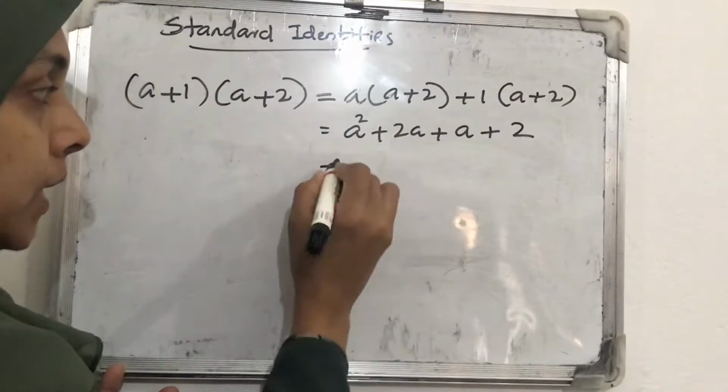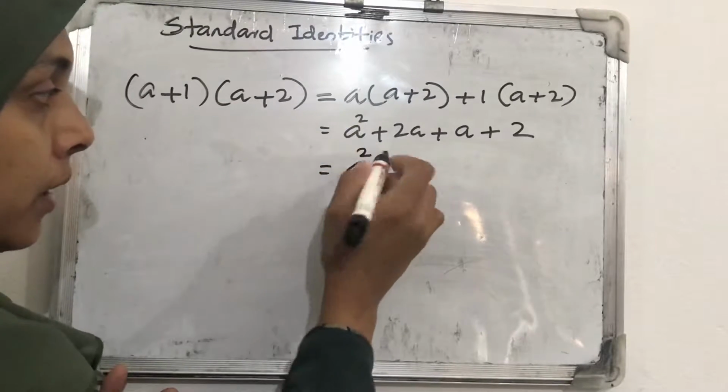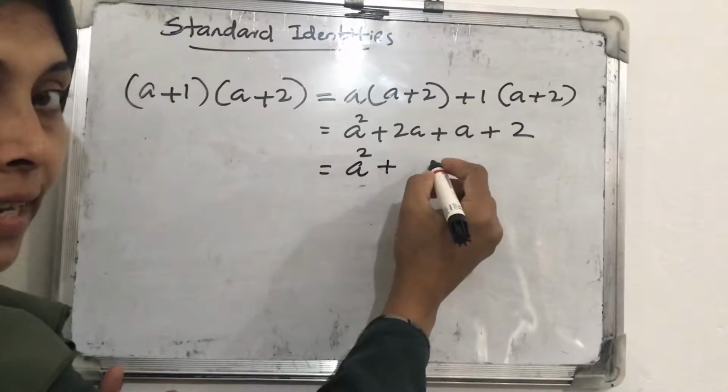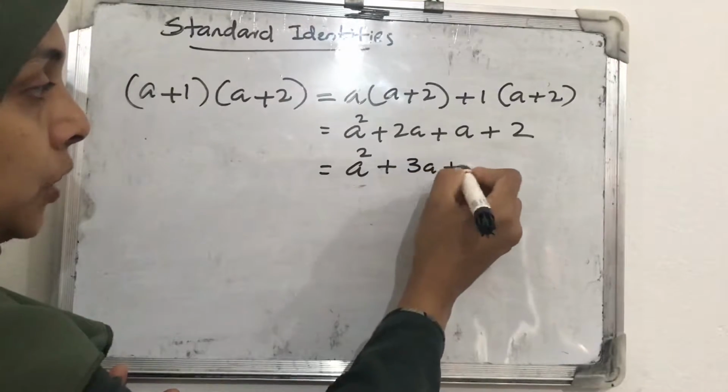So after simplification, last we can write a square + 2a + a, which will be 3a + 2.